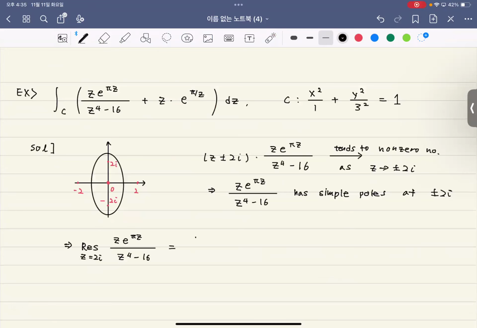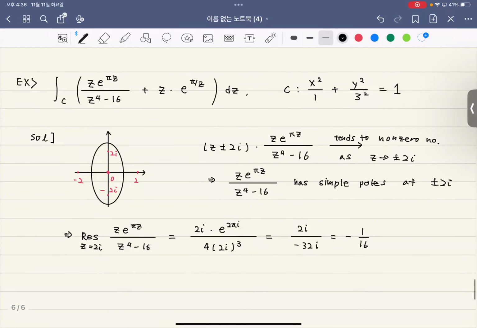So 2i times e to the 2 pi i over 4 times 2i to the third. And e to the 2 pi i is just 1. This is minus 32 times i, so which is simply minus 1/16.